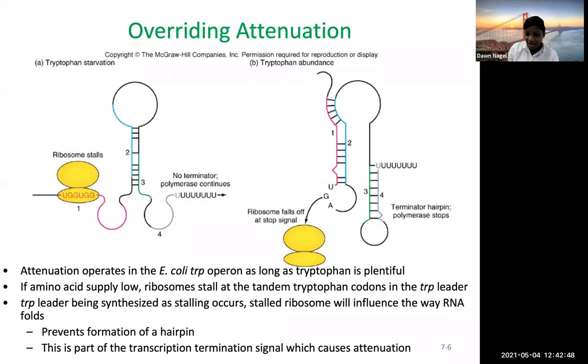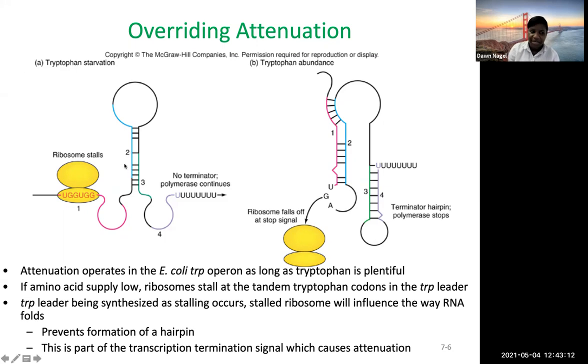There is a way that you can overcome this attenuation within the cell. Let's say you have tryptophan starvation. You definitely don't want this double hairpin structure followed by the string of T's. You want to have it in a different structure. And these structures will form because of the nature of the sequence within that attenuation region.